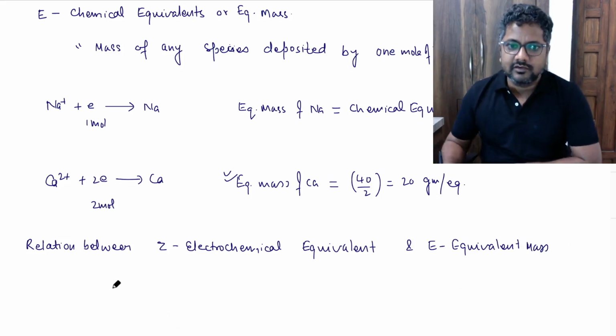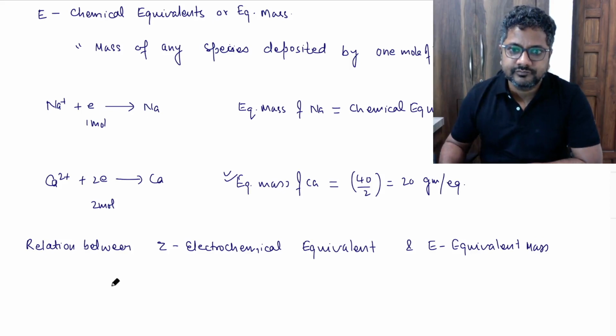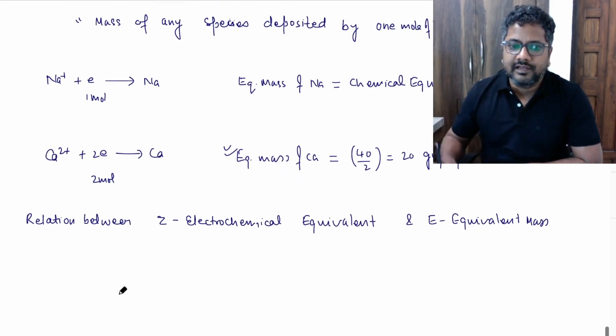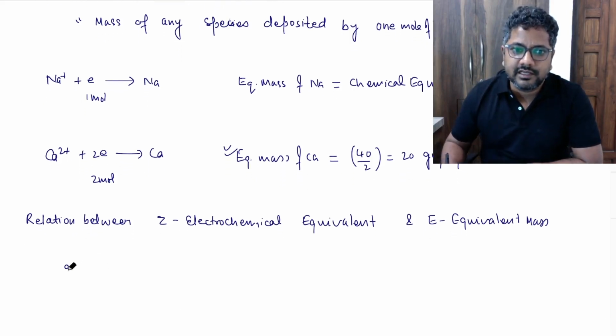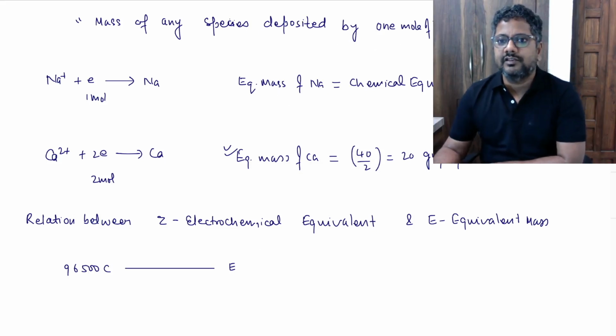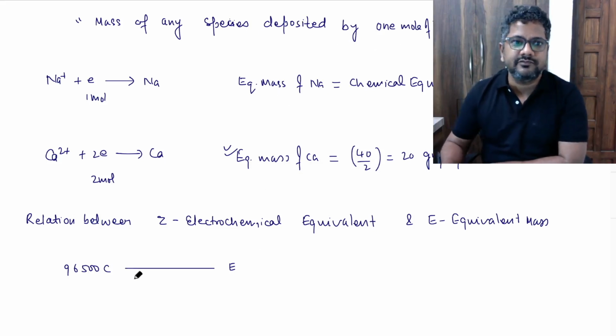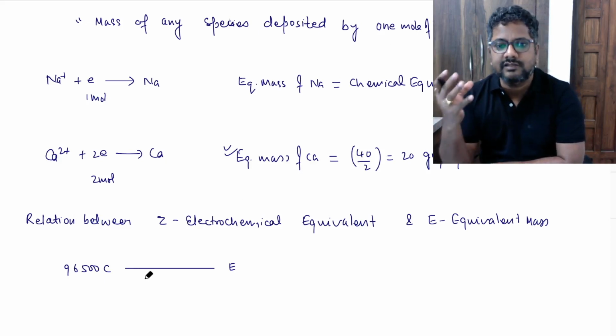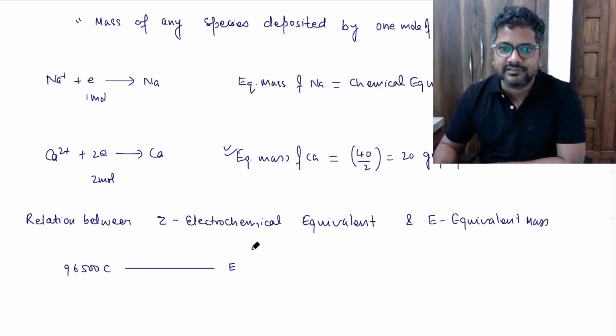As you know, 1 mole of electrons means 96500 coulombs of charge. The mass deposited is known as E, as per the definition. See, the mass of any species deposited by 1 mole of electrons, meaning 96500 coulombs of charge, whatever mass is deposited, that is the equivalent mass.